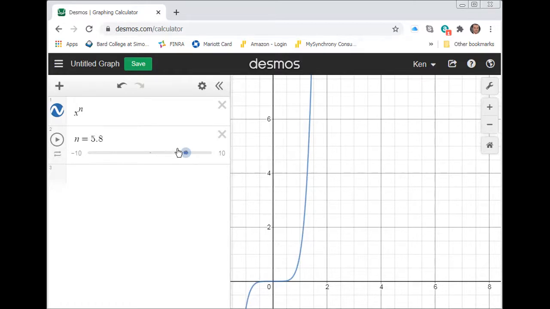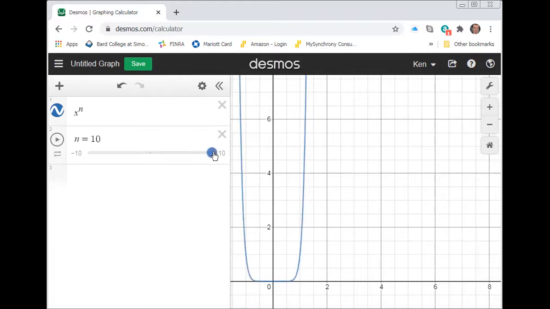I guess it depends on whether n was even or odd, because if you go back to n equals 5, well, yeah, sorry, for x being positive, it doesn't matter, because when x is positive, these y values always go to infinity no matter what.